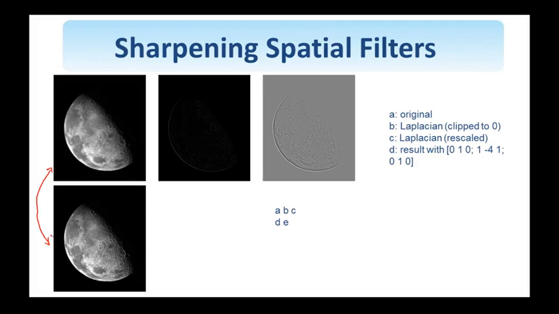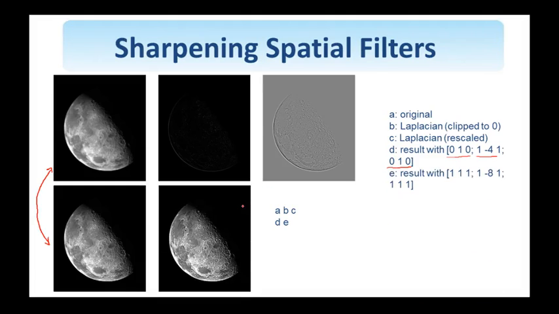So if I compute it in a different way, by the way, for this example, the Laplacian was computed as shown here. And more specifically, this is like a two-dimensional impulse response, minus 4 in the middle, and then 1 here, 1 here, and 1 here. So this Laplacian was used to compute this image.